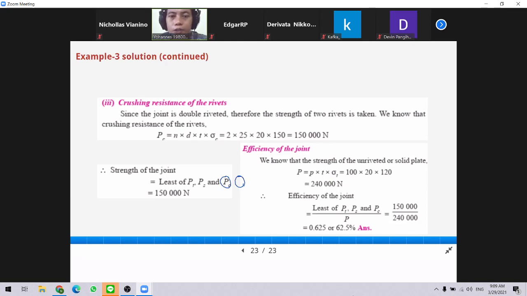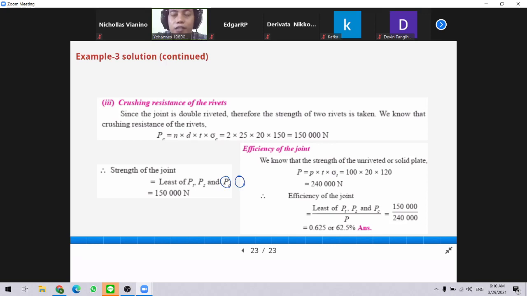Okay, so this is our topic of today. But what we learned today is only the joint with collinear load. I mean the load works in a single line.